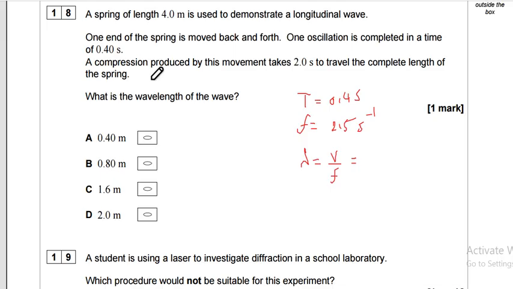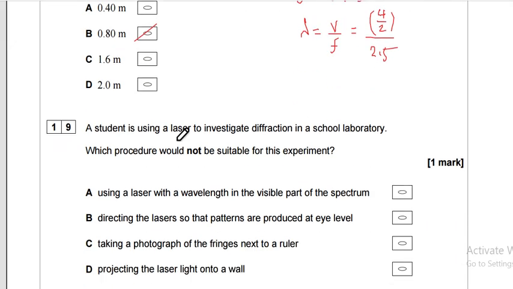So if compression covers 4 meters in 2 seconds, the same goes for rarefaction or any point in the wave, so the speed of the wave is 4 over 2. This is divided by 2.5, and we have here the answer as 0.8. Okay.